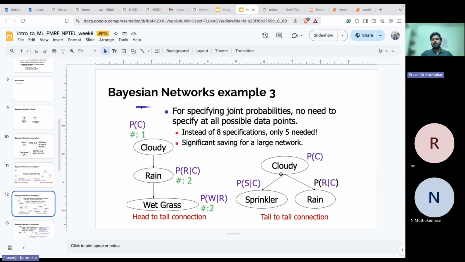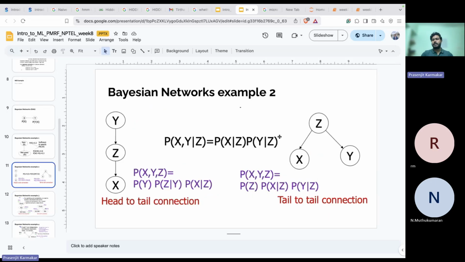Another representation could be: given it's cloudy, sometimes sprinklers can be triggered, or it can also cause rain. Same, example scenarios of this.